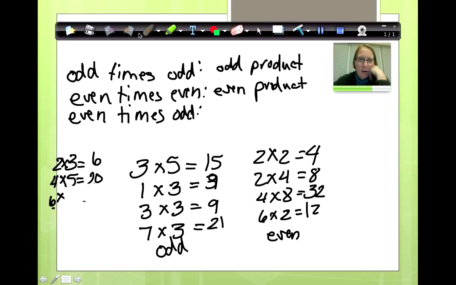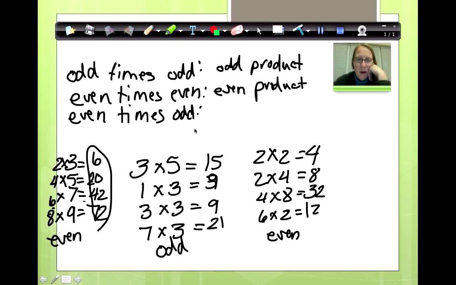How about 6 times 7? Is that 42? Okay. How about 8 times 9? That was 72. If you have an even times an odd, what do you always get? You always get even. You will always get an even product.